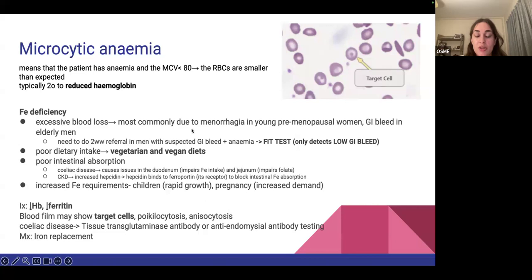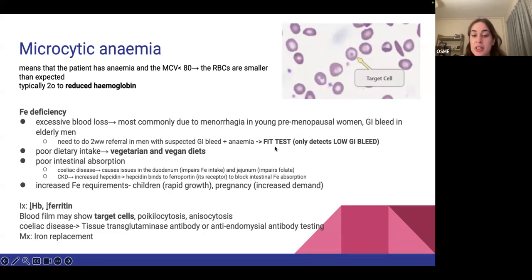So, if the question is mentioning a young woman who has heavy and painful periods, think iron deficiency. And if it's an old man, you need to start thinking, is it a GI bleed? If it's anemia symptoms and a change in bowel habits, so they might have melena or dark stools, you need to start thinking, is it a GI bleed? And the test that you would do for this is a FIT test.